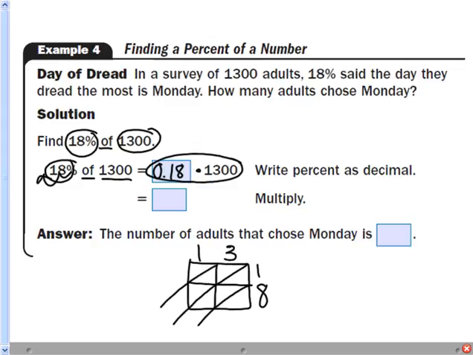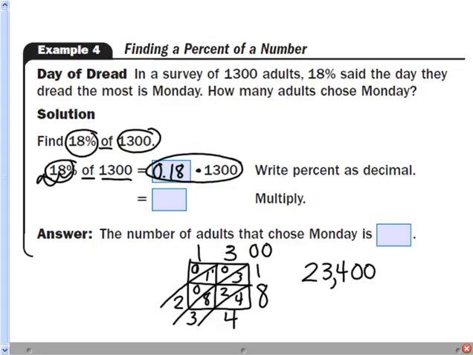So 1 times 3, 1 times 1, 3 times 8 is 24, and 8 times 1 is 8. So I'm ending up with 4, 10 and 3 is 13, and a 2. So I'm getting 234 as my answer to 13 times 18, but it was really 1300, so I've got to add 2 zeros on the end. 234 with 2 zeros. So the answer to just 18 times 1300 would be 23,400.